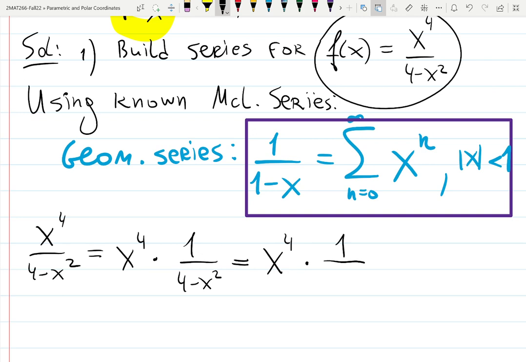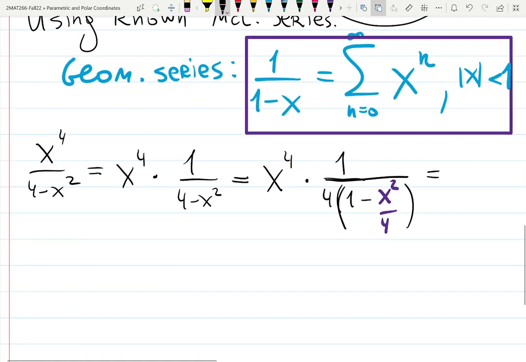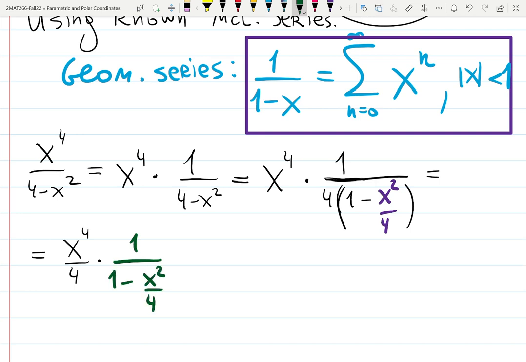I don't like the 4, so we'll factor out 4, and I'll have 1 minus x squared over 4, like so. Now I can see, maybe you can see too, that x to the 4 over 4 is multiplied by a nice function that is ready to have a series created using the geometric series: the one in parentheses.